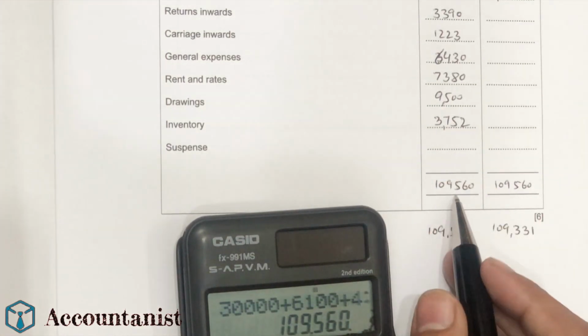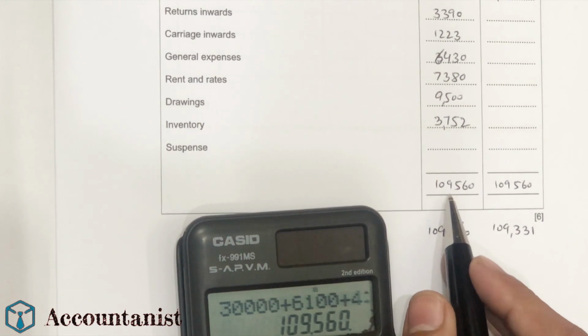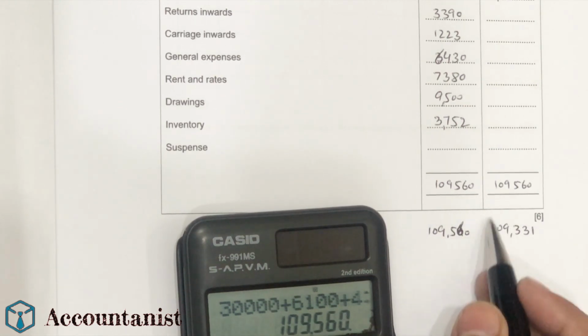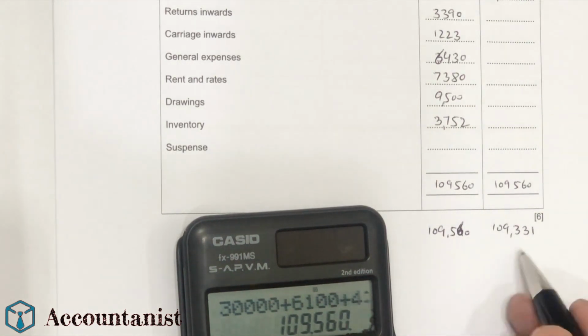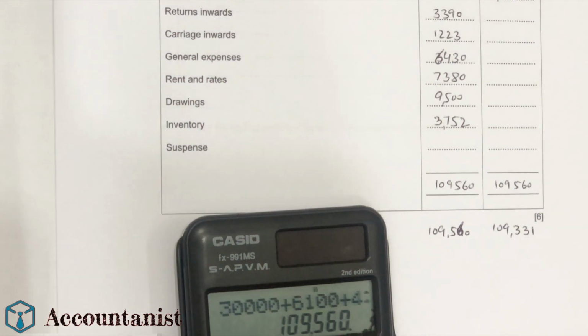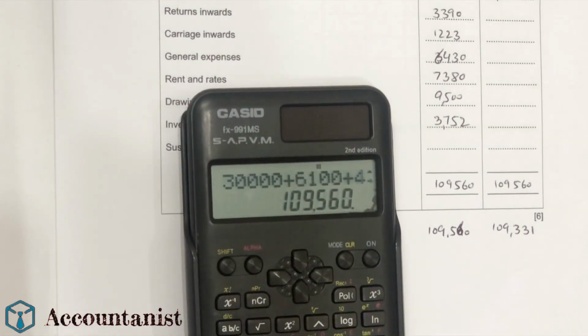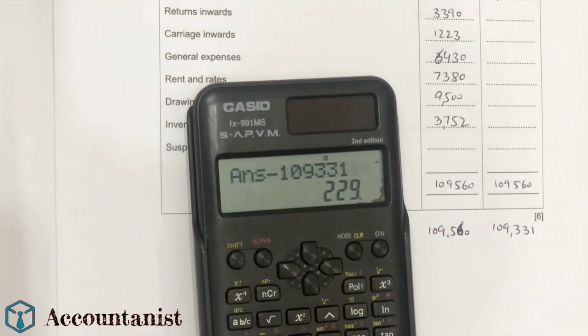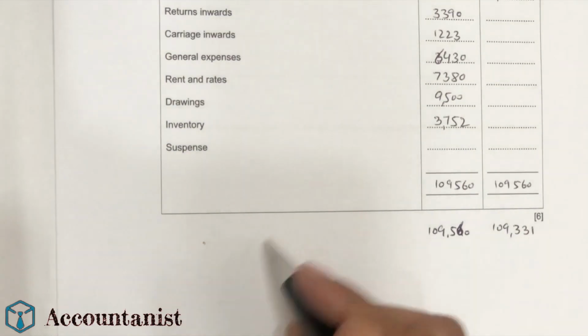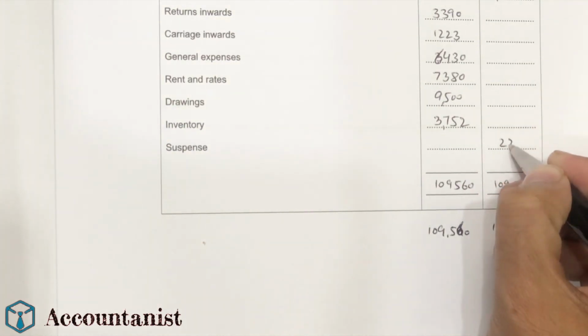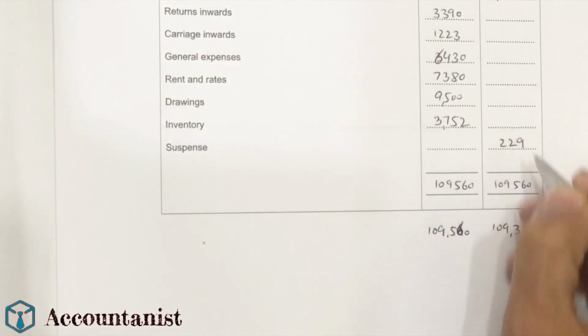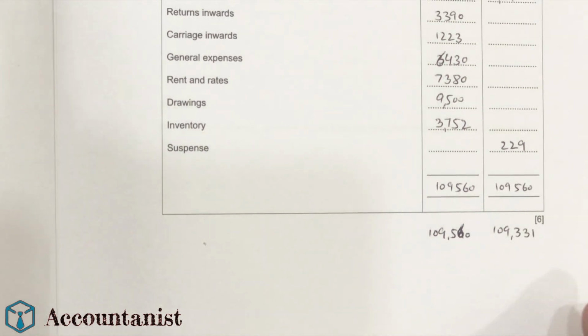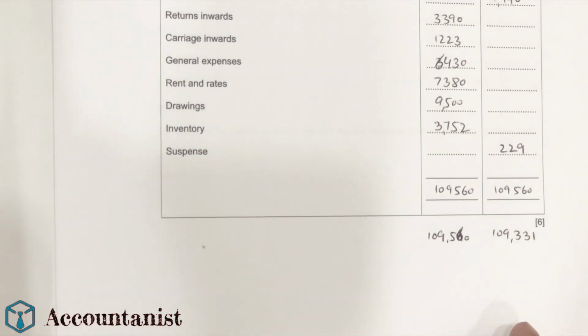This side has a bigger value, so we'll write the total on both sides, and we will deduct the total of the credit side figure, and that was 109331. The difference is 229, so that comes on the credit side because the credit side has a lower total. So that's how we make the trial balance corrected.